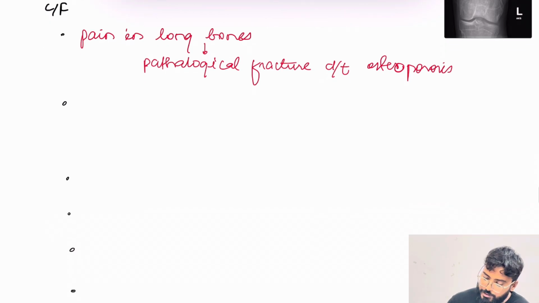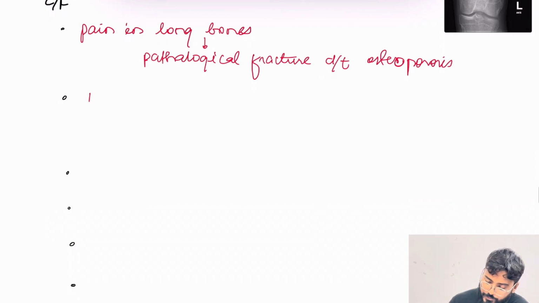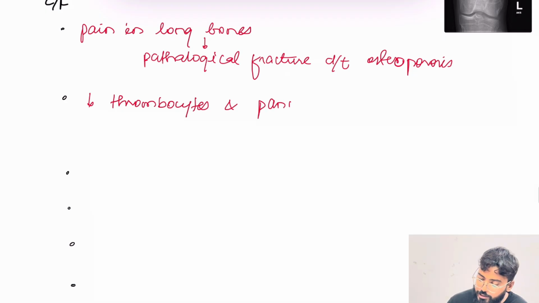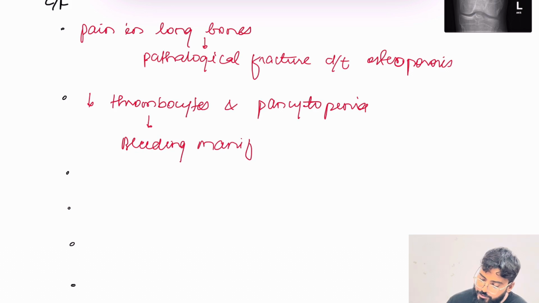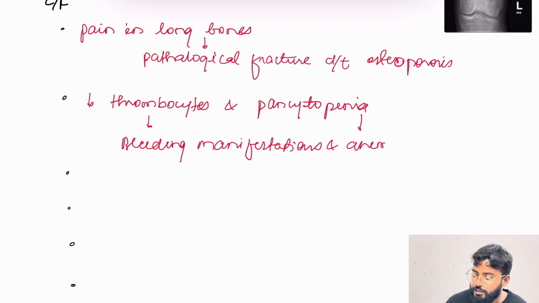Next, we will be seeing decreased thrombocytes and pancytopenia. Because of decreased thrombocytes, we are going to see bleeding manifestations, and because of pancytopenia, we are going to see anemia.